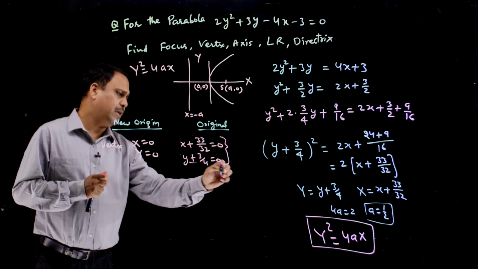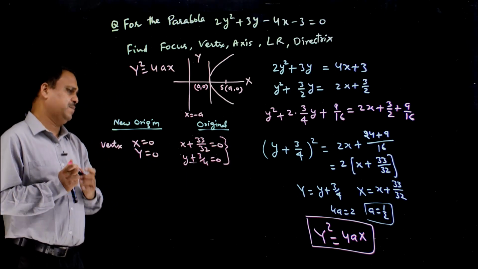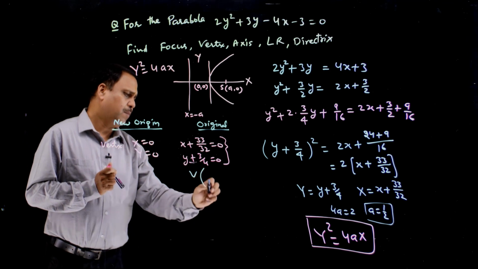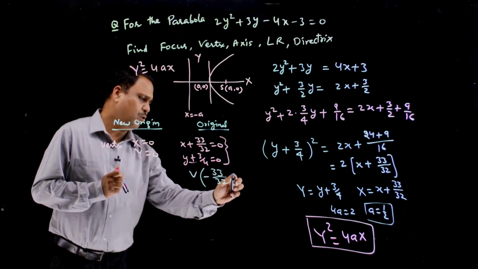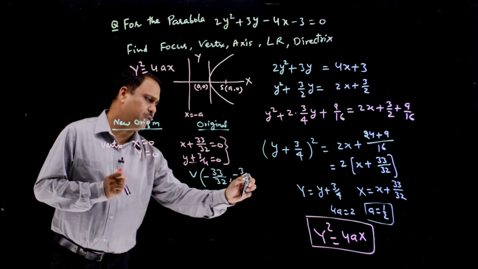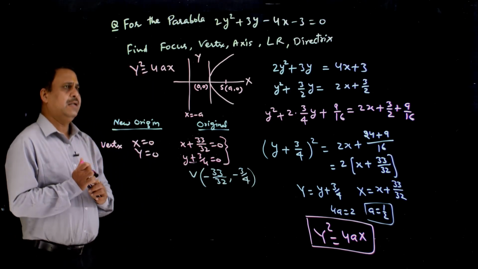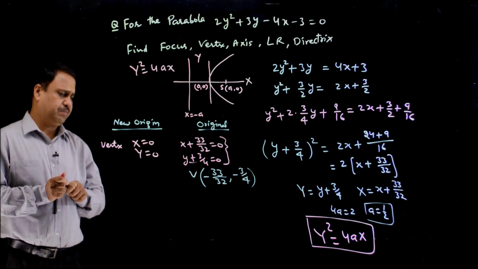So this gives me that my vertex is (−33/32, −3/4). This is the vertex.